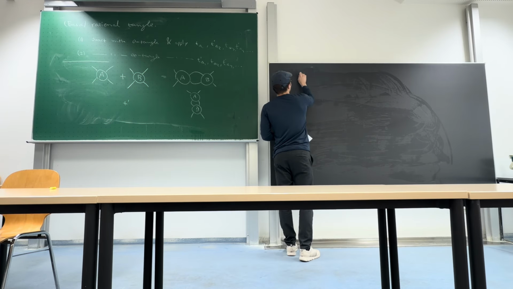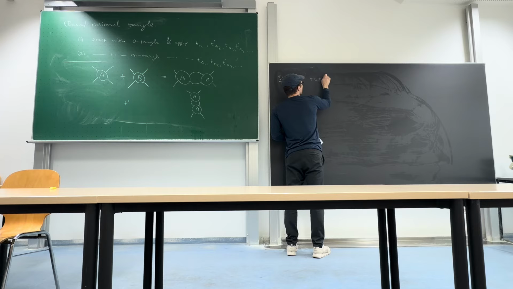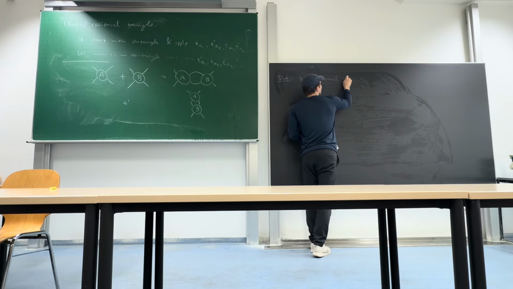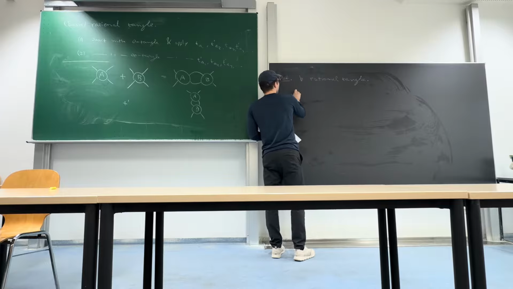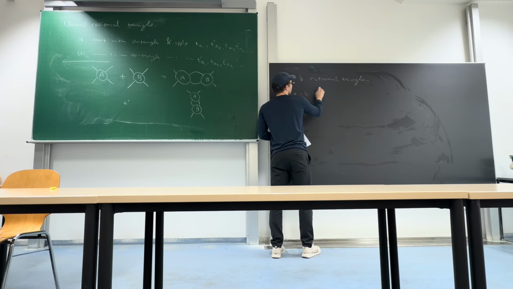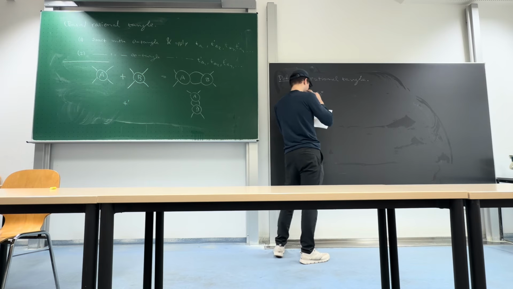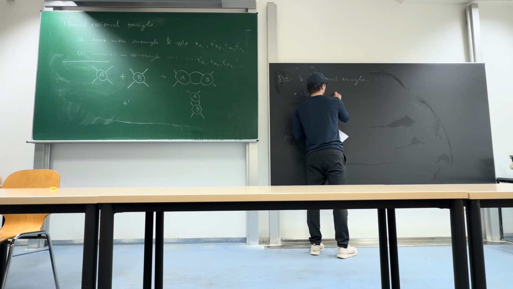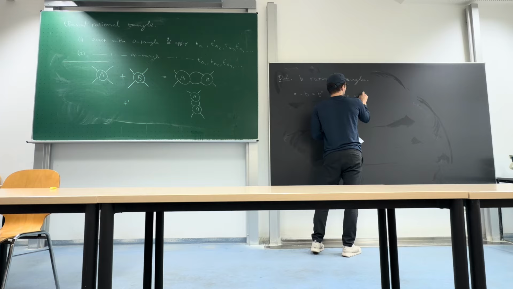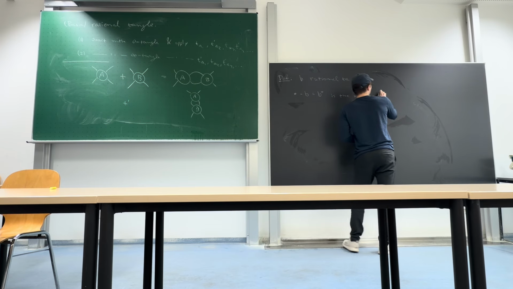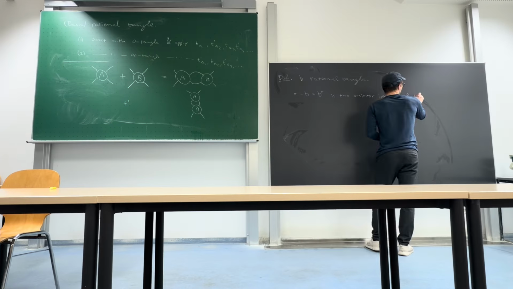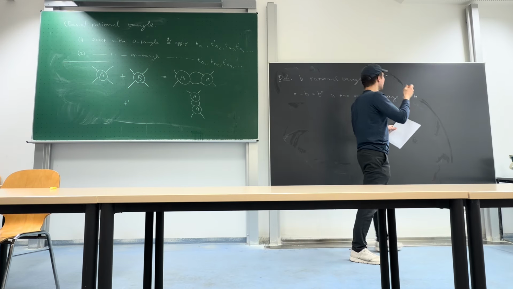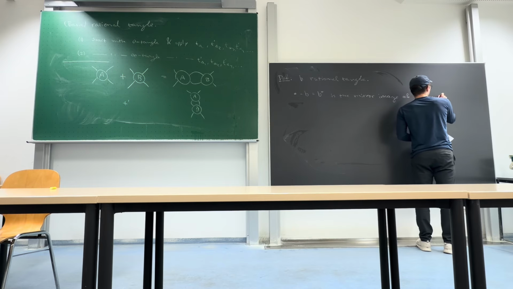If B is a rational tangle, then we define minus B, or B star, as the mirror image of B. This is done by reversing all the crossings.